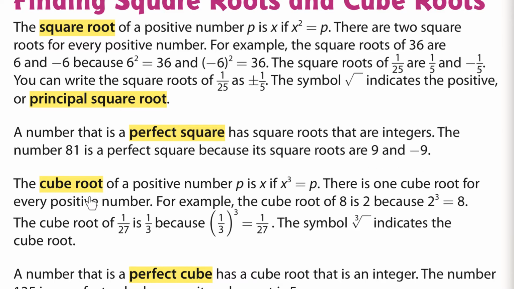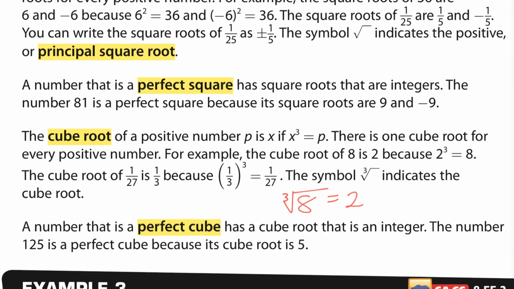The cube root means you have 3 numbers that multiply together to get that number. Like 2 cubed is 8, so the cube root of 8 is equal to 2, because 2 times 2 times 2 is 8.